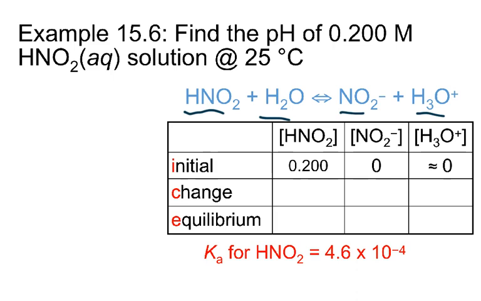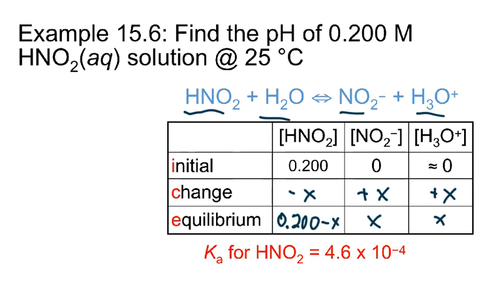We're given our initial concentration. Our change, we're going to lose some of our reactant and gain some products. So at equilibrium, we're going to have X, X, and 0.2 minus X.